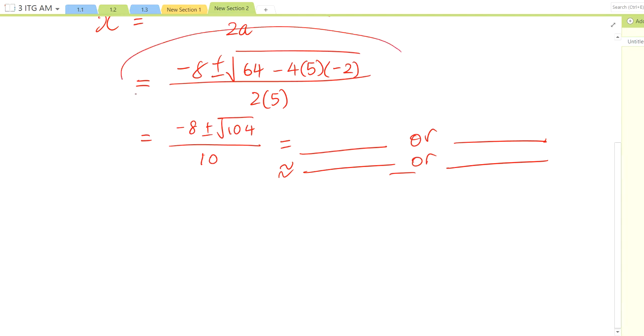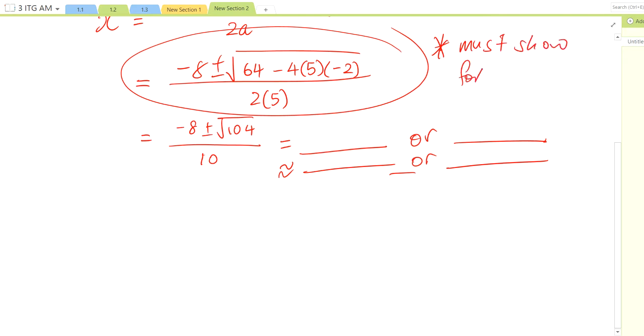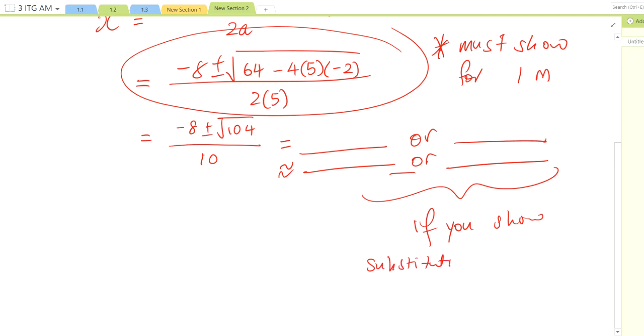Okay, you need to show this step. Must show for 1 mark. Then if you show substitution, you get 1 more mark.